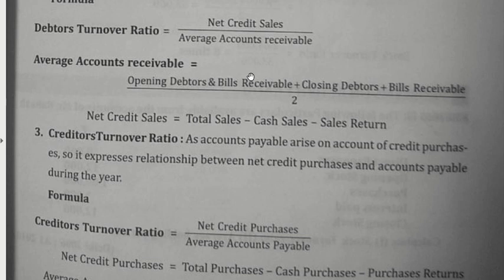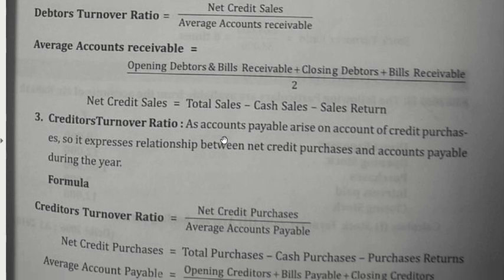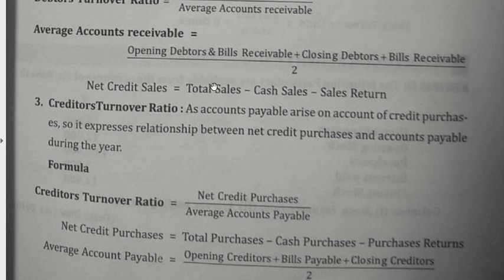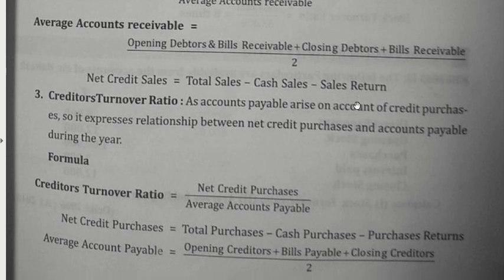So your average accounts receivable formula is, it is average, so divided by 2. So here we have debtors and bills receivable, so opening and closing debtors and bills receivable divided by 2. Net credit sales, so in this we consider only the credit sales. Why? Because it is debtors turnover ratio. So net credit sales formula is total sales minus cash sales and minus any sales return.